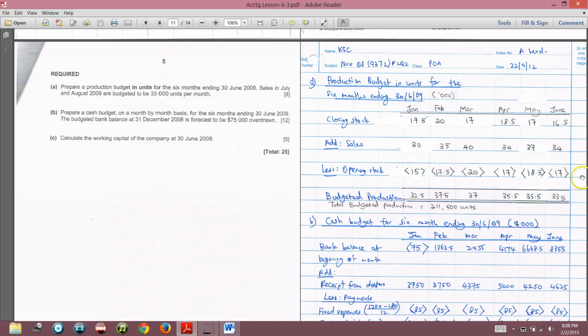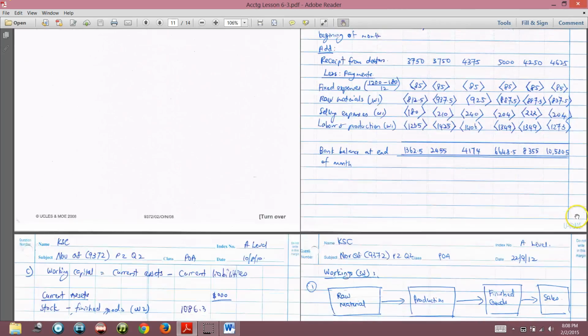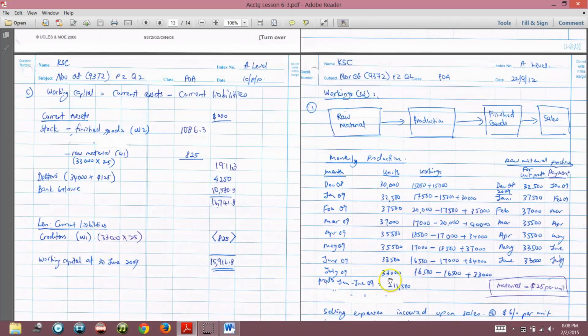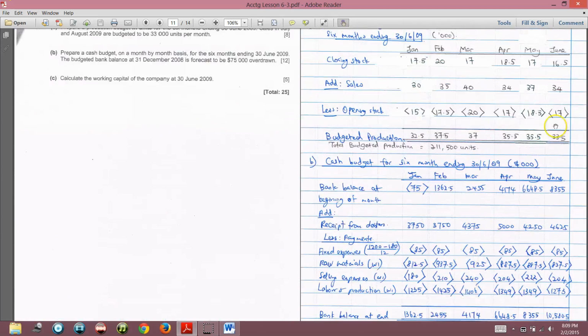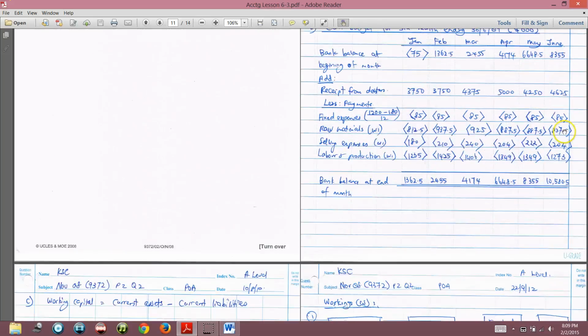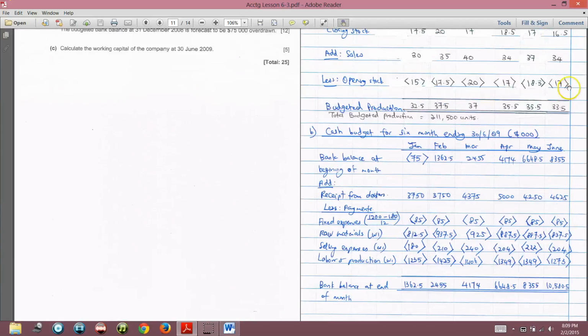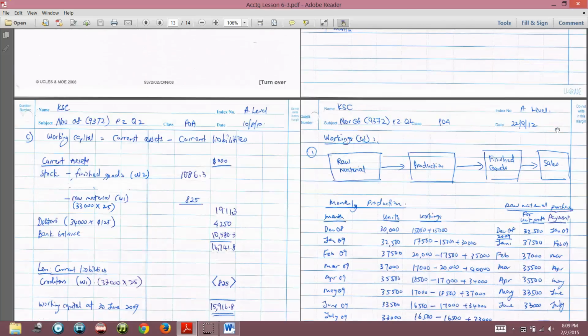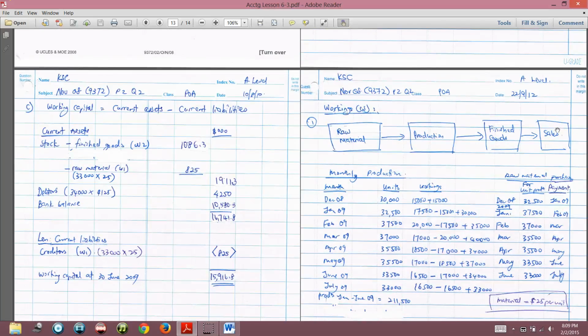The opening stock for July will be 16,500. So opening stock, you know, is a negative figure. It's a 16.5. So what is the closing stock for July also?